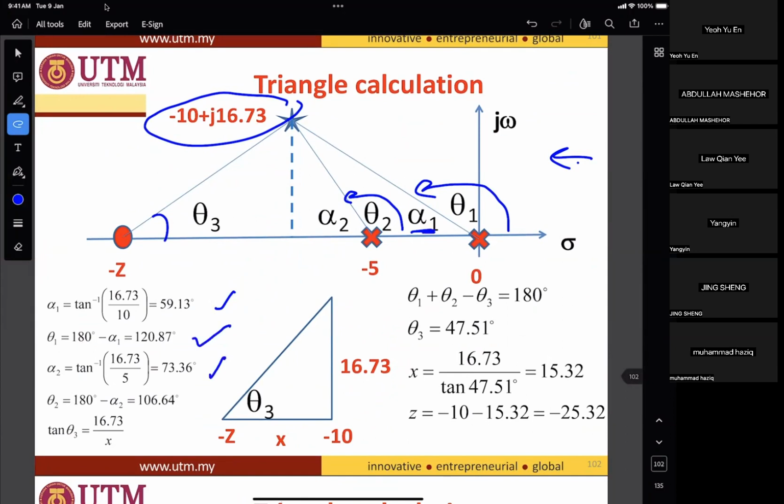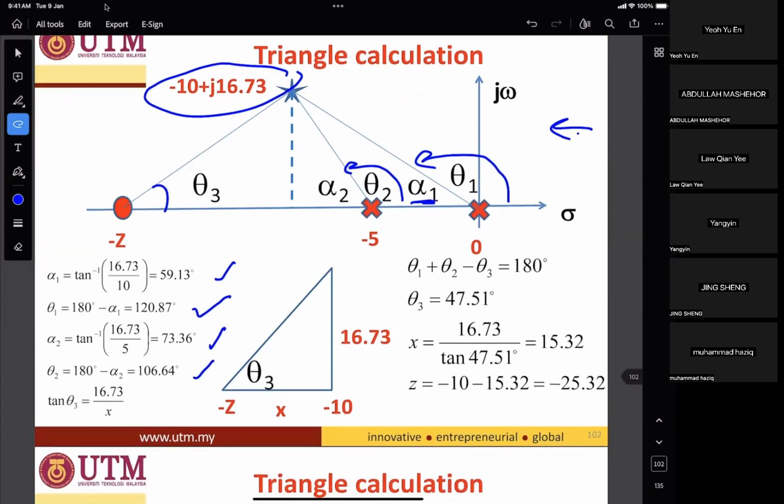Alpha 2, which is this one, 73.76. Calculate the alpha 2. Then tangent theta 3 will give you the x value, which is between the zero and the real part of the dominant pole. Okay, take the magnitude, not the negative. Okay, take the magnitude value.